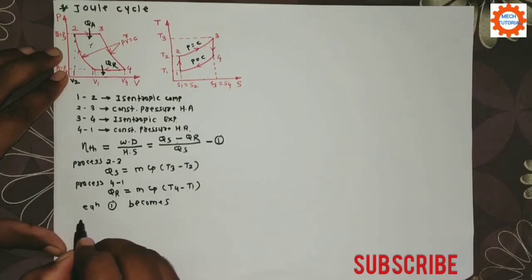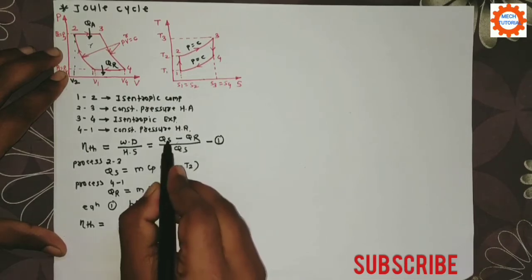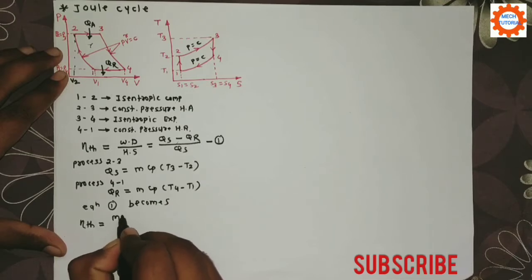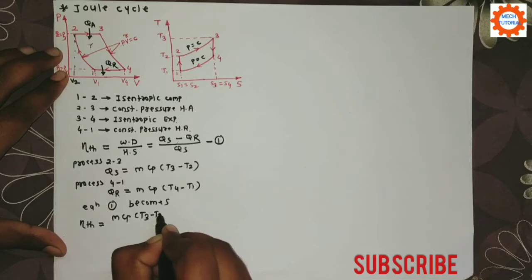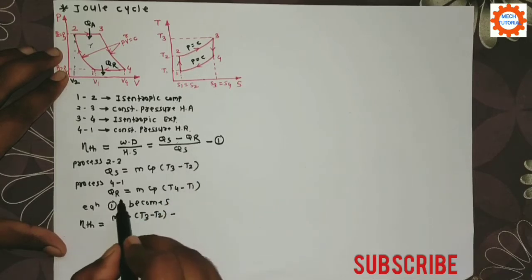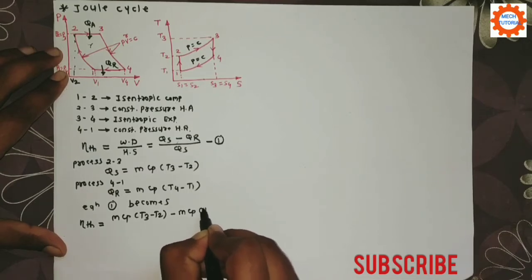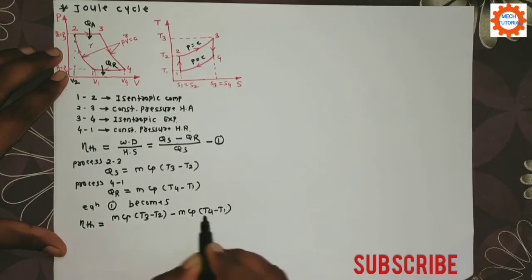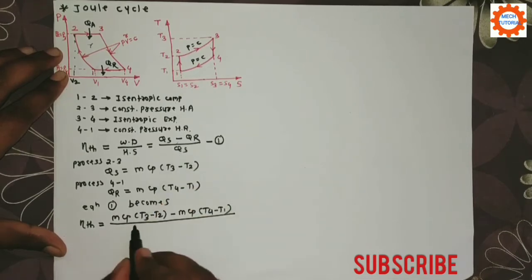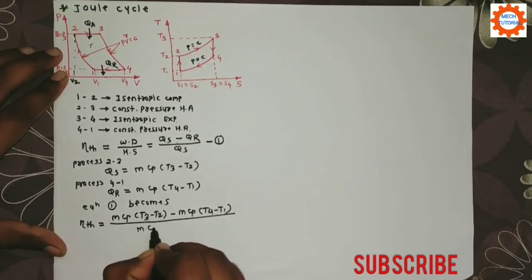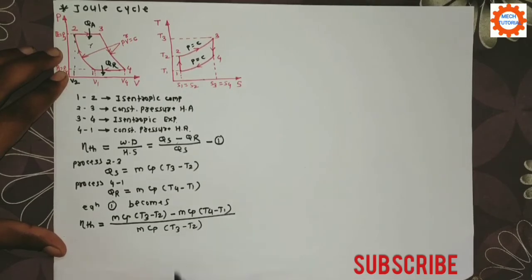So we can write thermal efficiency is equal to QS, mCp (T3 minus T2), minus QR, mCp (T4 minus T1), divided by heat supplied, mCp (T3 minus T2).